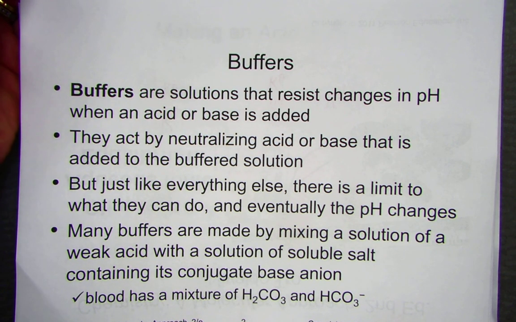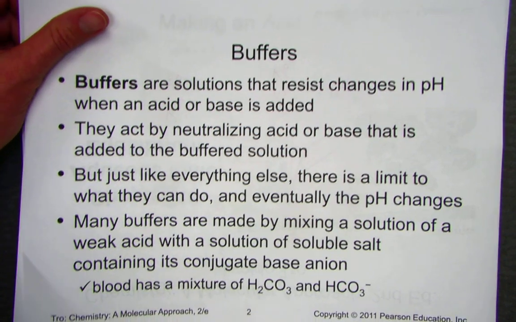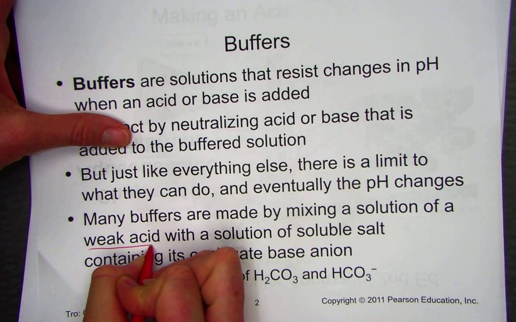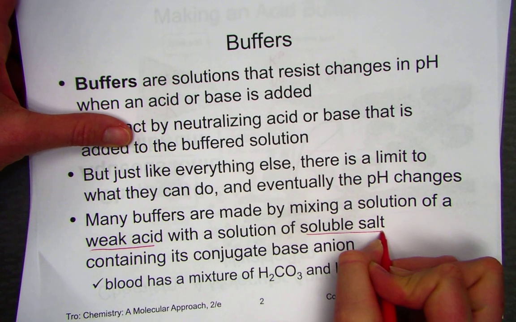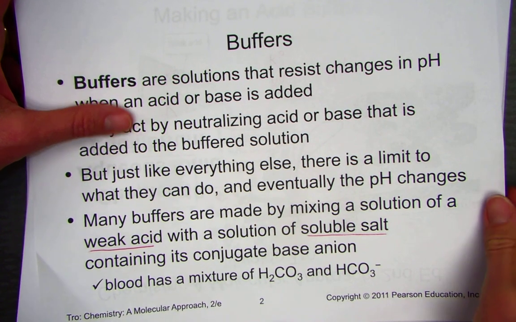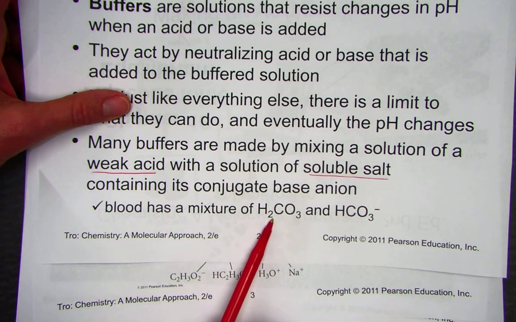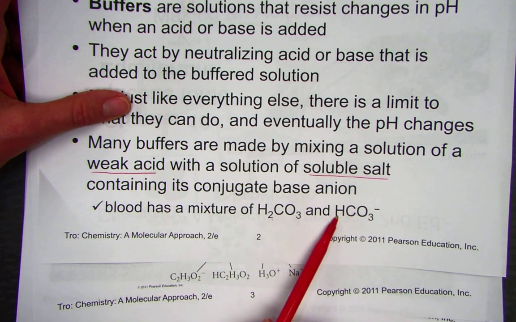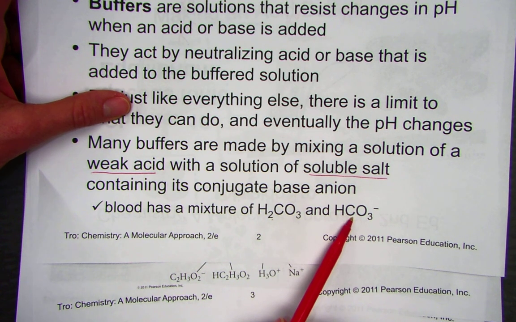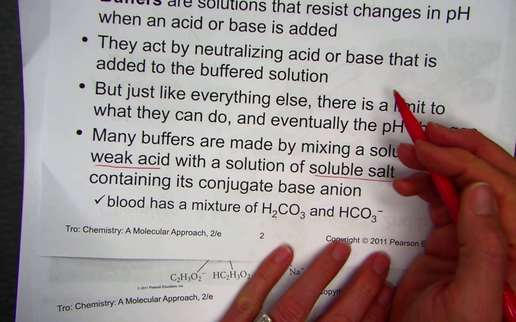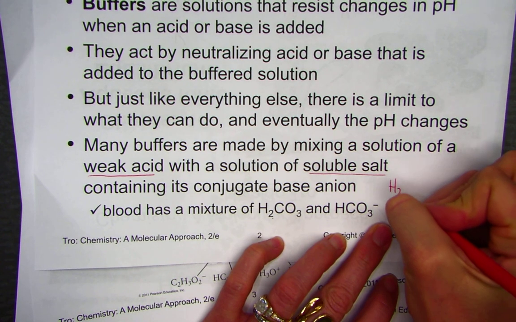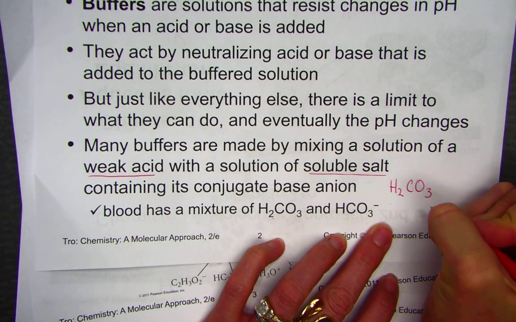It does so by neutralizing excess acid or base that's done in a buffered solution. Just like everything else, there's a limit to what they can do, and eventually the pH may shift. Many buffers are mixed by taking a solution of a weak acid with a solution of its soluble salt. So for instance, blood is buffered by a mixture of carbonic acid and the hydrogen carbonate ion. Carbonic acid is a weak acid, H2CO3.